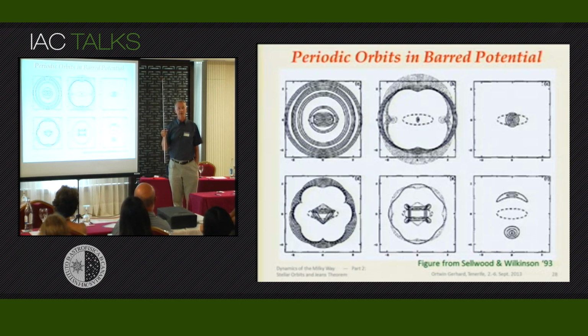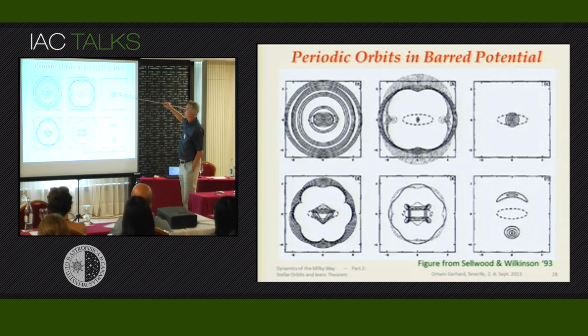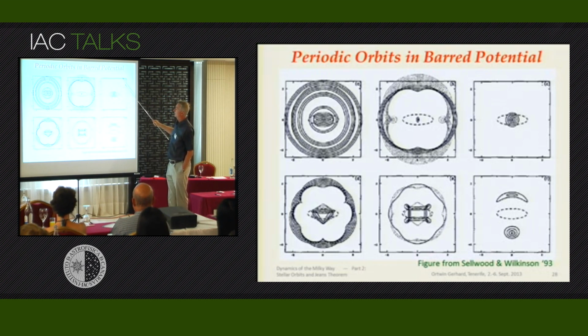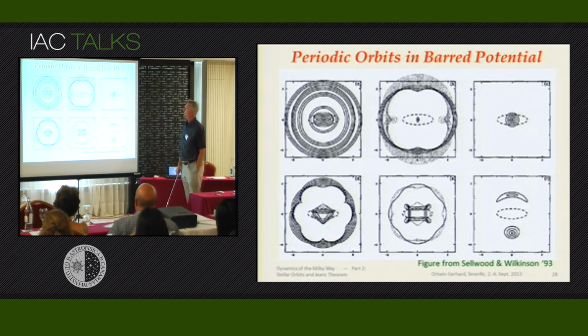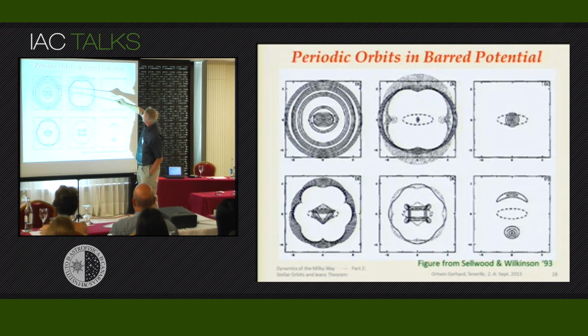So what's the significance here is that when you look at the orbits in such a potential, these orbits change orientation at any of these resonances. So typically in a barred potential, even in potentials that are perturbed by more than small amounts, where linear perturbation wouldn't be valid, you still typically find that inside of the inner Lindblad resonance you have this family of orbits that's oriented along the short axis of the bar, so-called X2 orbits in the notation of Contopoulos.